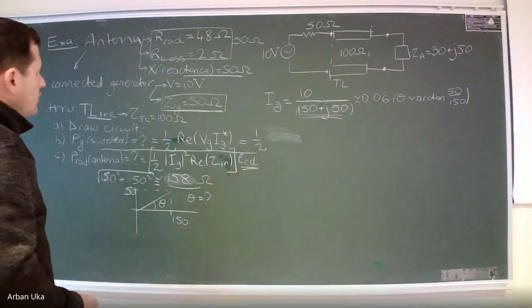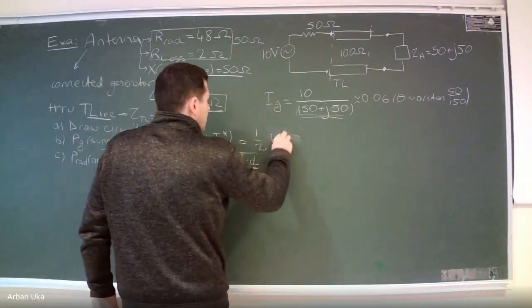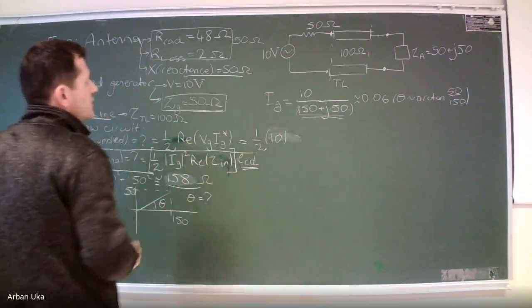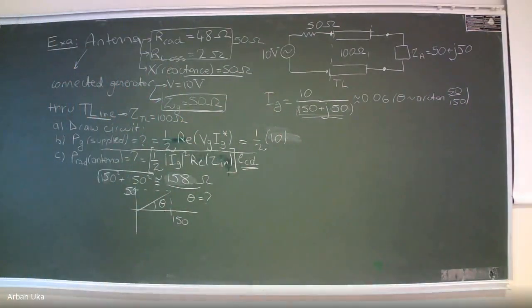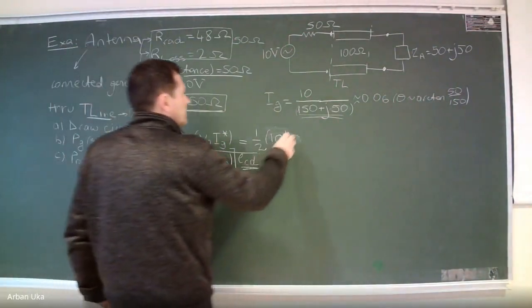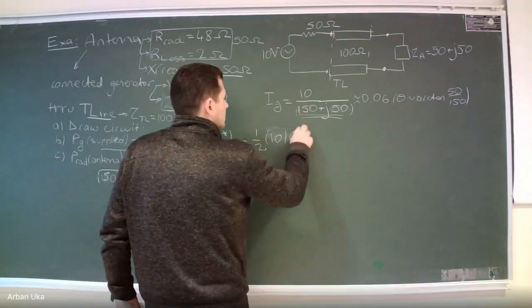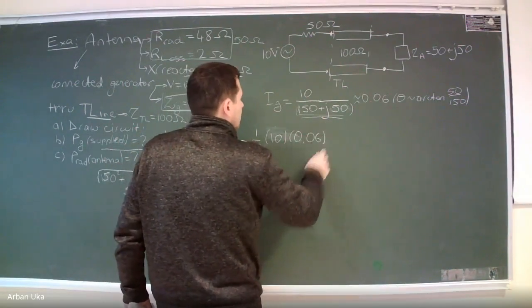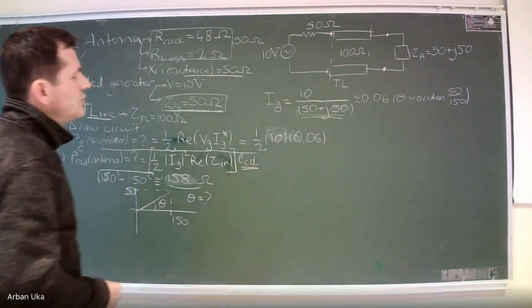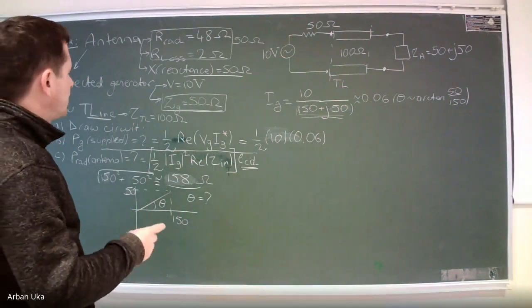This will be 1/2 times 10, which would be the potential, the AC voltage that we have here, and we multiply this one by the IG. And we have to include the real part.